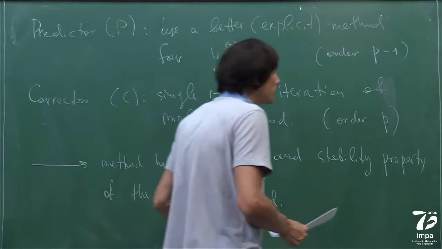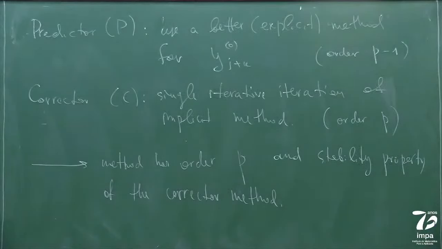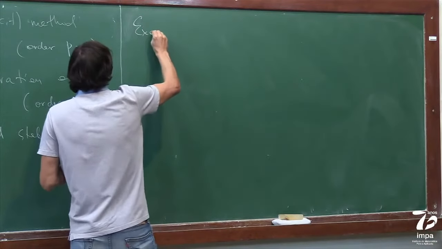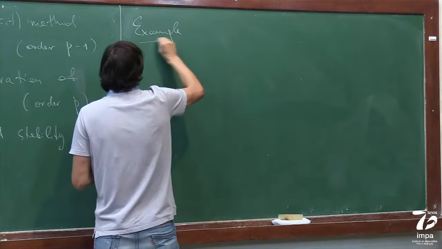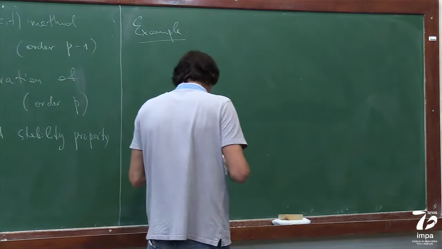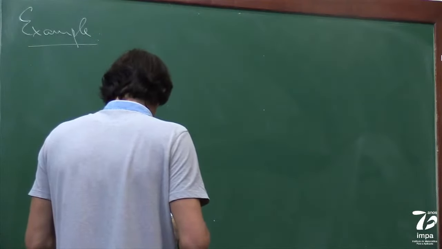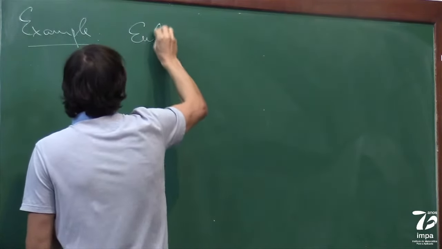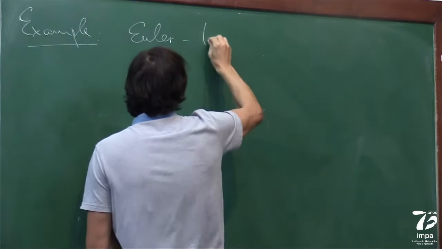Let me just give you an example, and that will be enough. Example: Euler and trapezoidal.